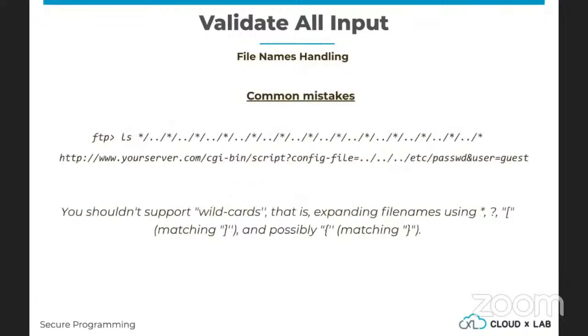The other example of input validation is, let's say you're building a web server or FTP server which takes file names. And this actually happened. There was an FTP server which was not designed properly to handle the file names. If you keep on going up, and so on, you might actually reach the top level file and therefore access anything.